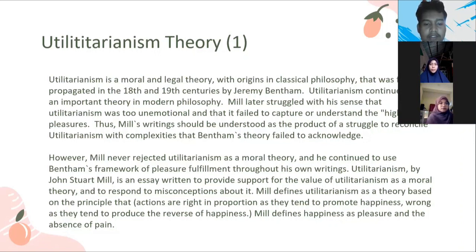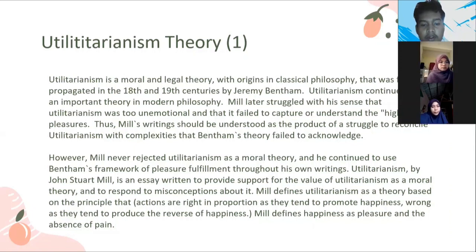Mill's childhood was rigorous and intellectual, and when at 21 he began to question some of his beliefs, he suffered a nervous breakdown. Mill later struggled with his sense that utilitarianism was too unemotional and that it failed to capture or understand the higher pleasures.